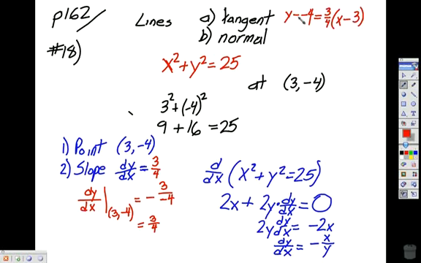And of course, you probably are writing y plus 4 instead of y minus negative 4. Same thing, no difference.